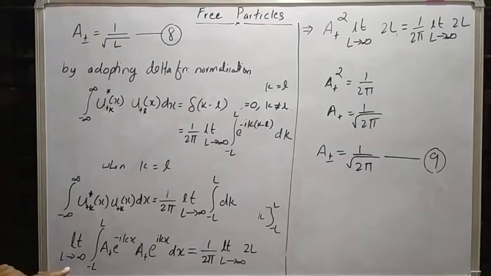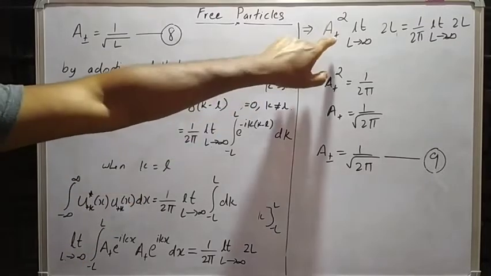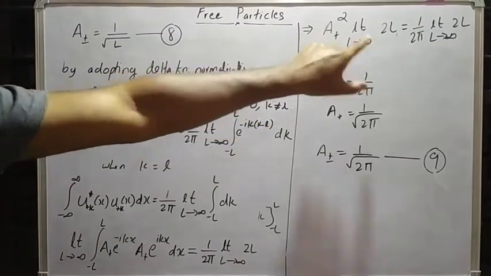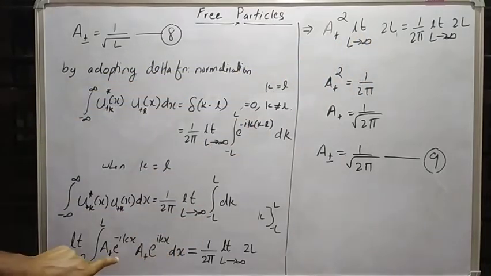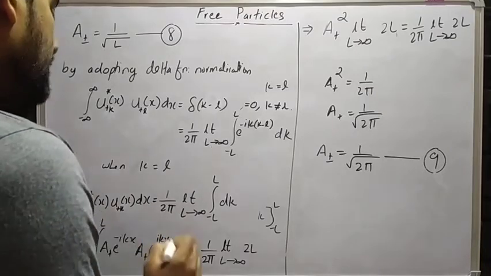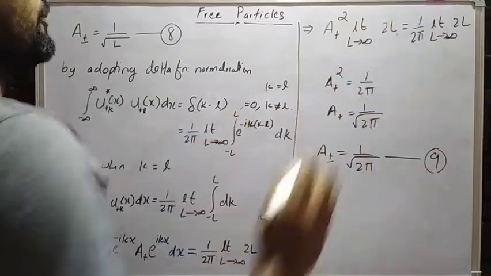So the left side, limit L tends to infinity, a plus square. We'll get the multiplication of e raised to minus ikx and e raised to plus ikx, which provides 1, and we'll get integral minus L to L dx, and that is 2L.